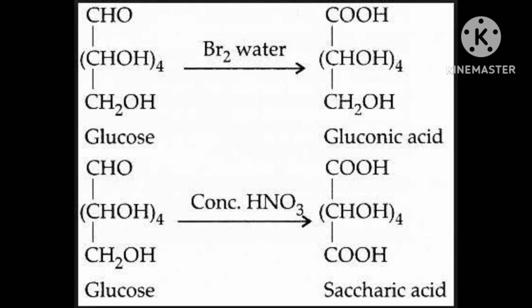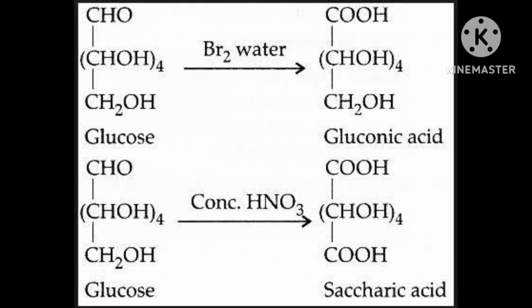This is actually glyceraldehyde, because it is an aldehyde, CHO is there. Between the CHO and CH2OH only one carbon is there, H on the left side and OH on the right side. Then this is actually glyceraldehyde.